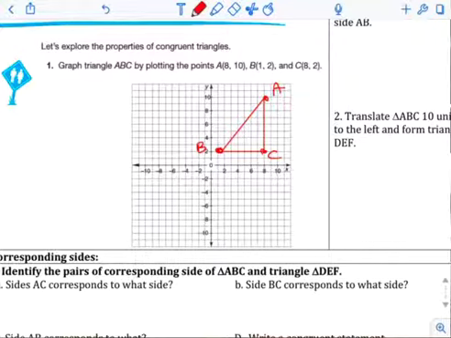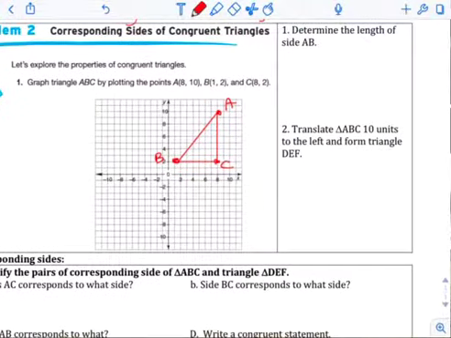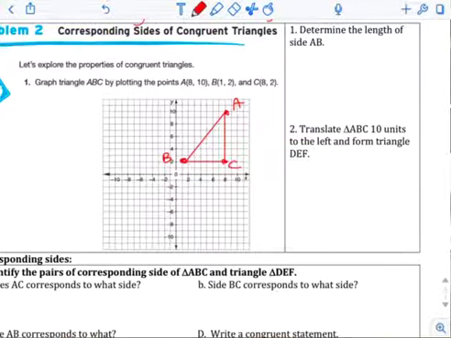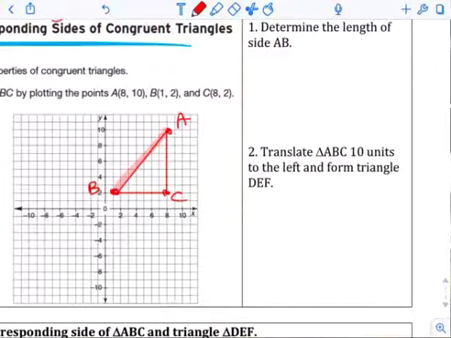C. Okay, determine the length of AB. Oh, the length of AB, we can't count that one, so we need to use the Pythagorean theorem. a squared plus b squared equals c squared.